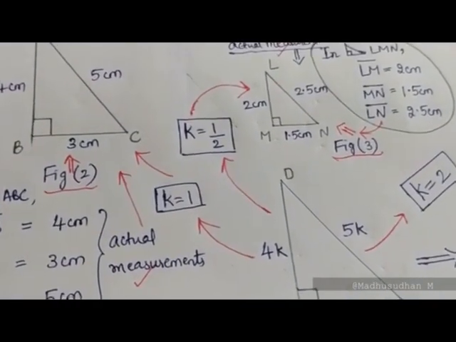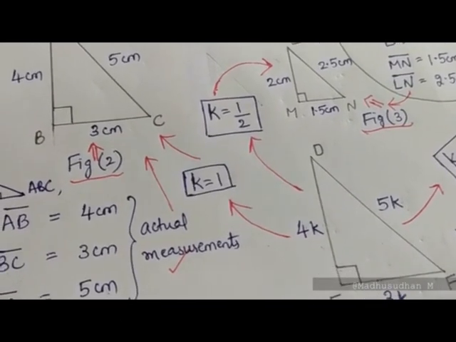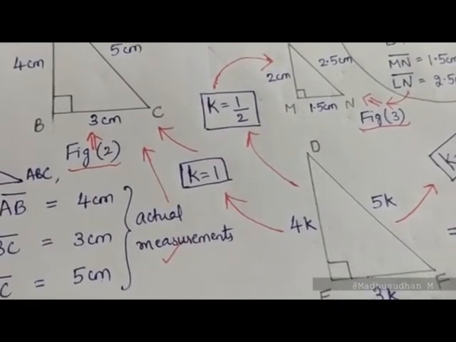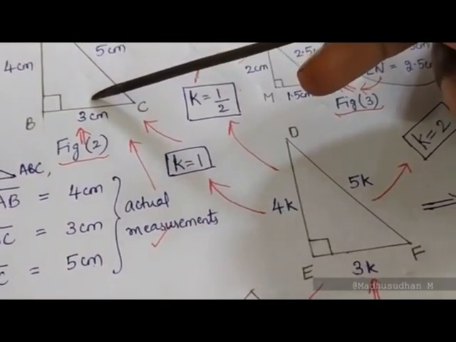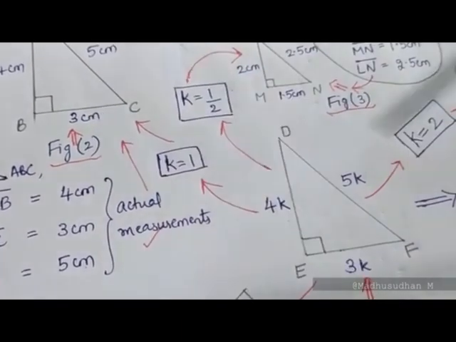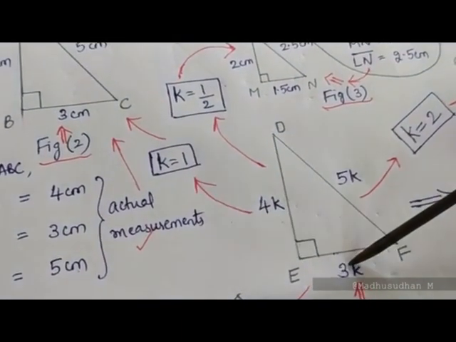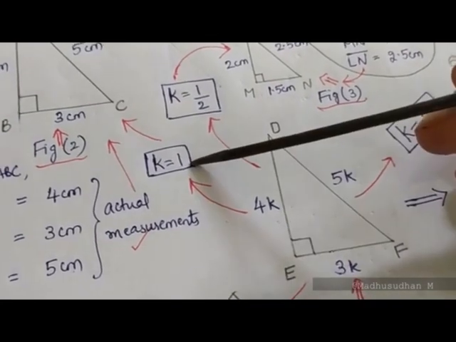I can find AC 5 centimeter exactly equal to DF 5 centimeter only when k is equal to 1, comparing figures 1 and 2 here. Followed, children? So BC 3 centimeters is exactly equal to EF 3 centimeters only when k takes the value 1.